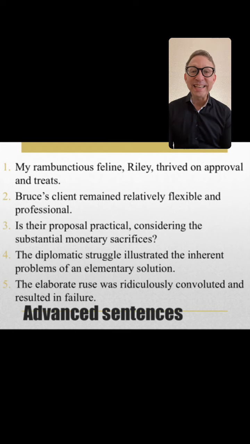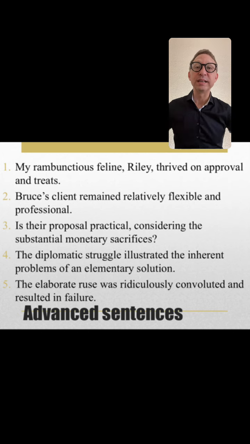All right, ridiculously is informal for very, a lot. That's what this means here. Ridiculously convoluted means very, very unclear. Or in this case, very, very elaborate, very detailed, because it's a ruse, it's a trick. All right.